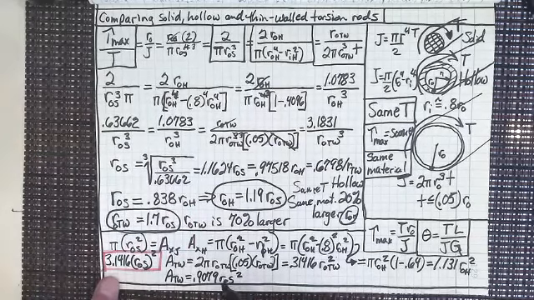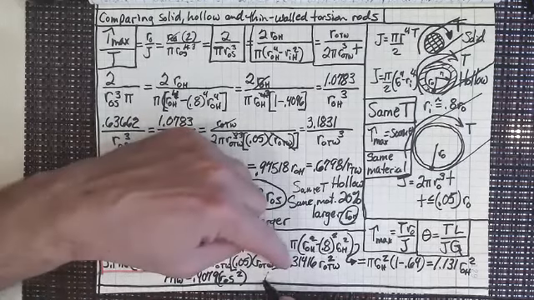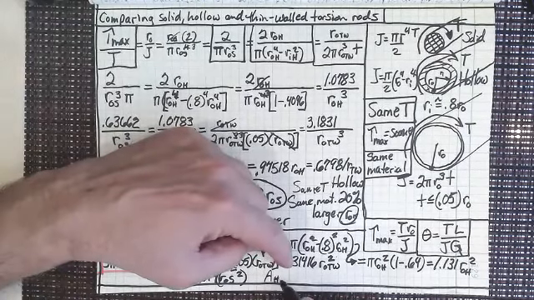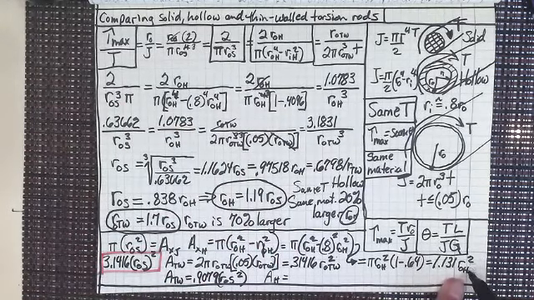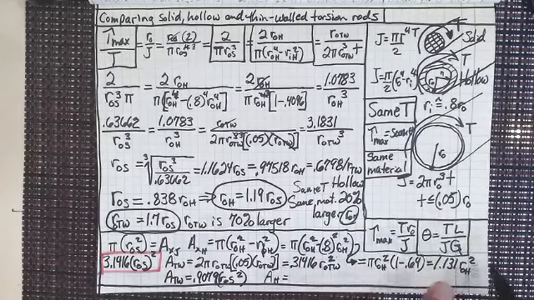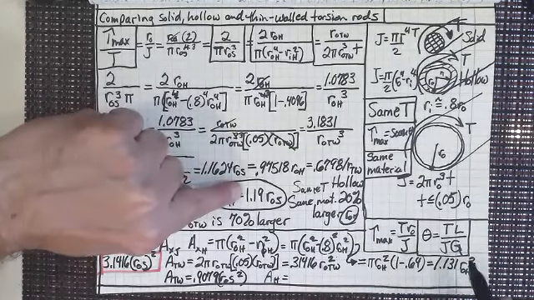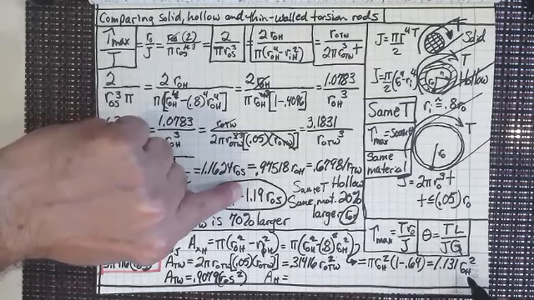So we can compare apples to apples, right? So 3.14, 0.9079. And then let's do the same thing for the hollow shaft. So if we do the hollow shaft, but instead of in terms of the hollow shaft's outer radius, we use the solid shaft's outer radius, and we see the conversion factor here, it's 1.19.